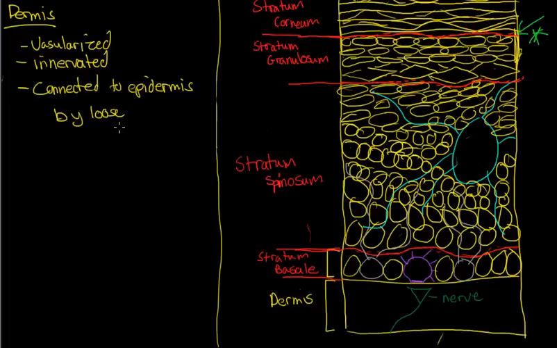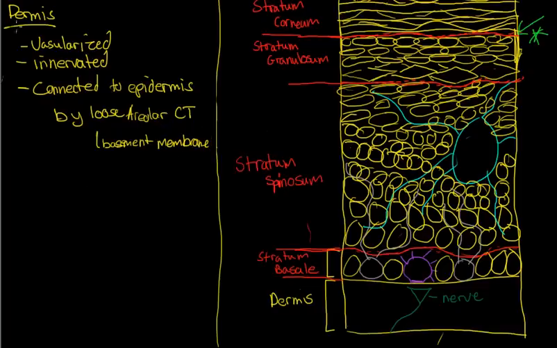Remember, a basement membrane is going to connect epithelial tissue to the tissue below. So it's connected to the epidermis by loose areolar connective tissue, or basement membrane. That's the dermis, the deepest layer.